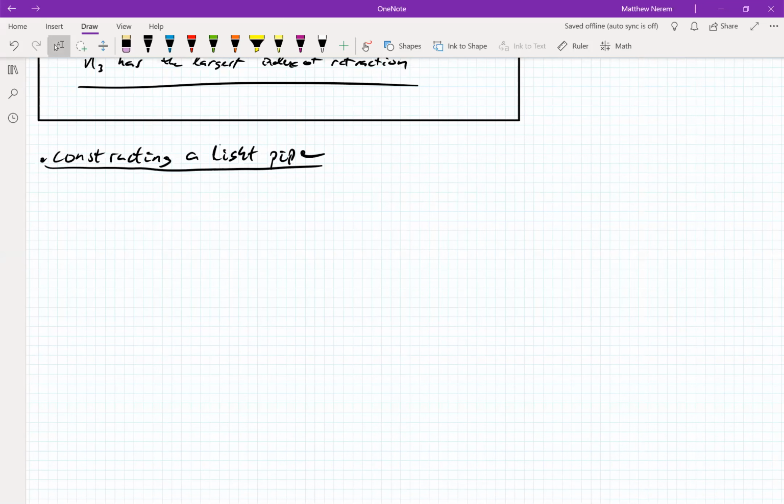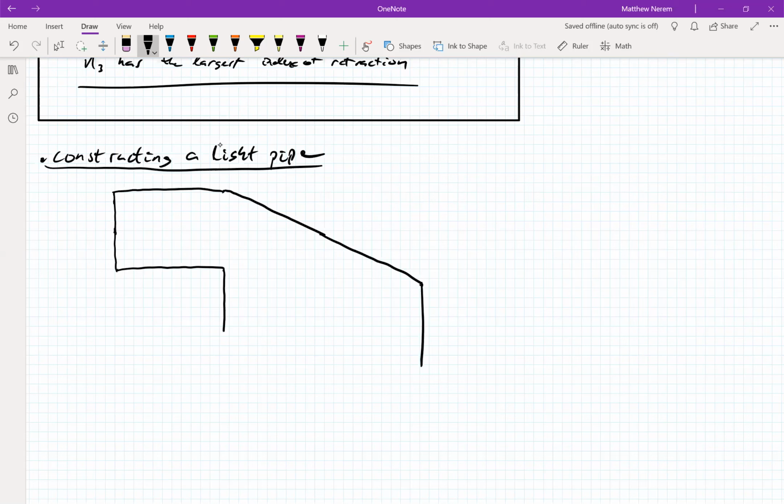I'm going to be making a device where I shoot a ray into it. I need the ray to hit the edge of this thing and get trapped inside. All right. So here's my optical device. And I'll make a nice right angle. And then it's going to make some angle here. This angle is going to be very important for us.